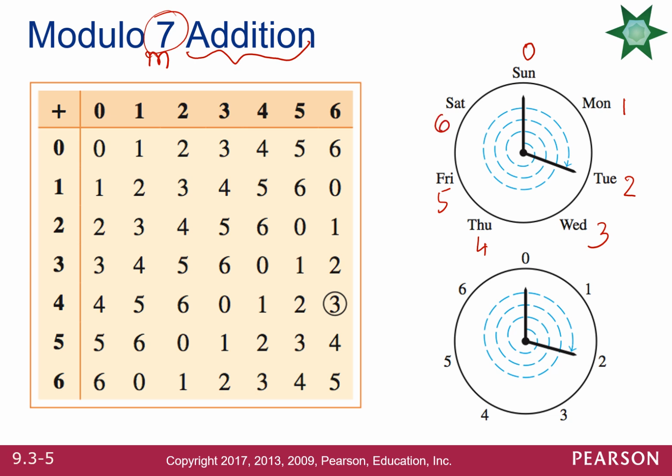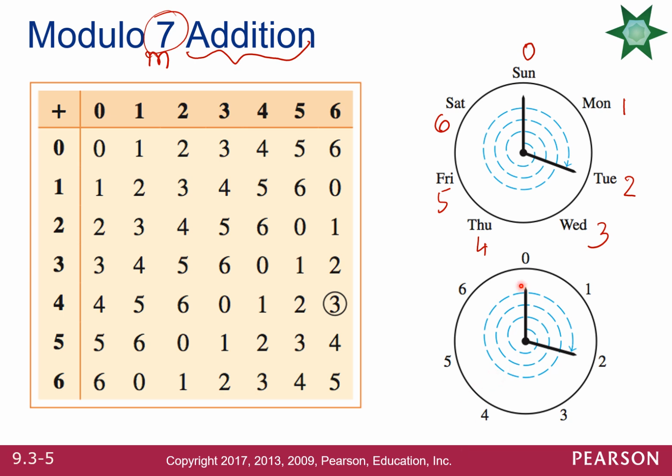After 6 we start again from 0. Even though there are 7 days in a week, because we are starting the numbering from 0, we will end at 6, and that is why we said we have m minus 1. So our numeration starts from 0 and ends at m minus 1 in any modulo m system.